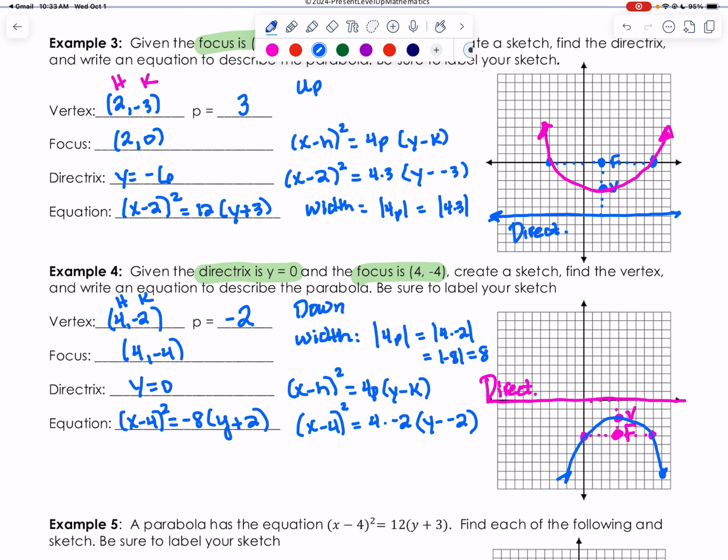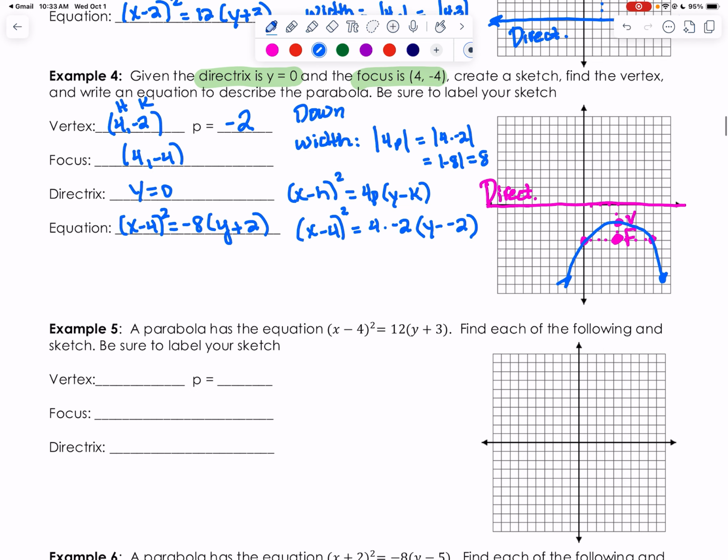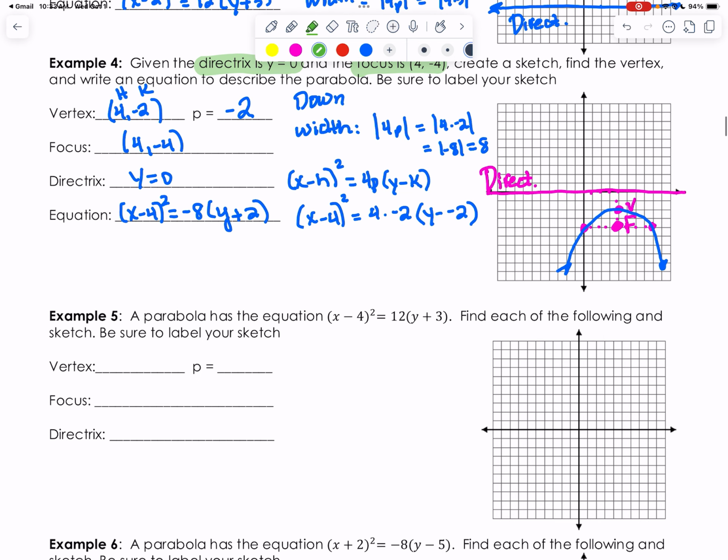Now, in our last two examples, I'm going to do something a little bit different. I'm going to start you off with the equation, and you're going to create a sketch. So it's like we're going backwards. In all of our other examples, we were trying to use the given information to find an equation.